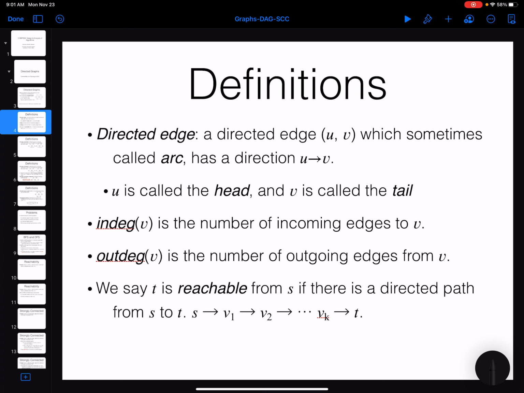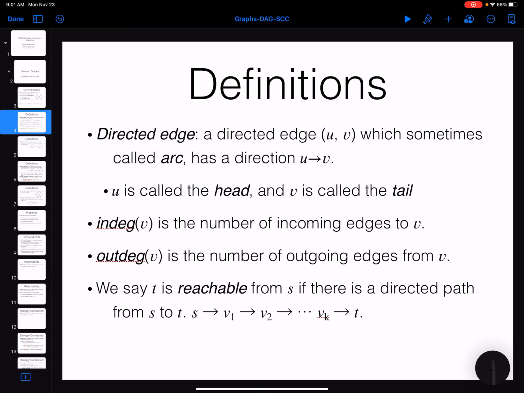To be able to discuss the problems that we are going to solve, I need to define a couple of terms that we refer to a lot. So edges first. Edges are directed. Sometimes we call them arcs as well.